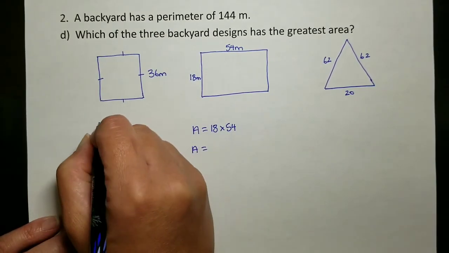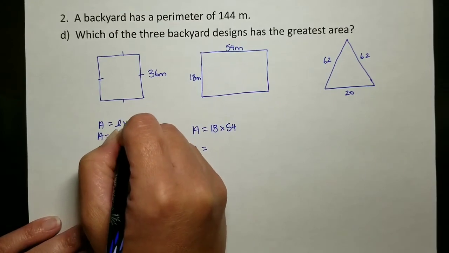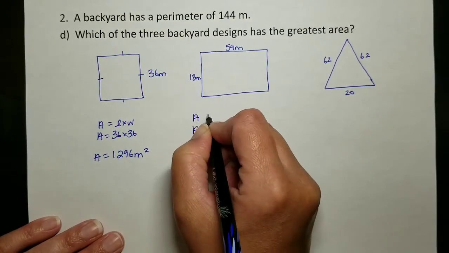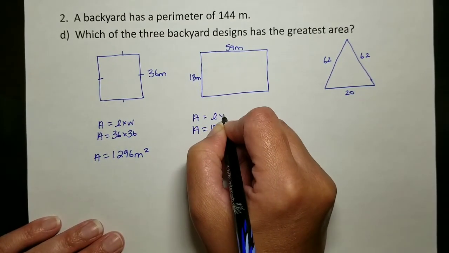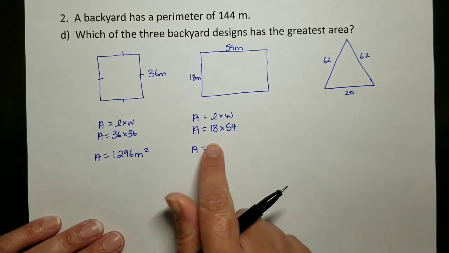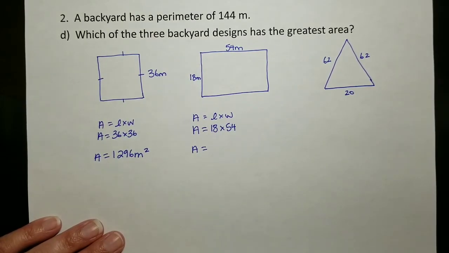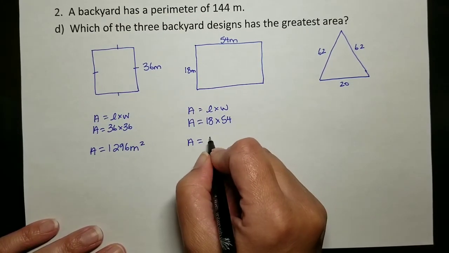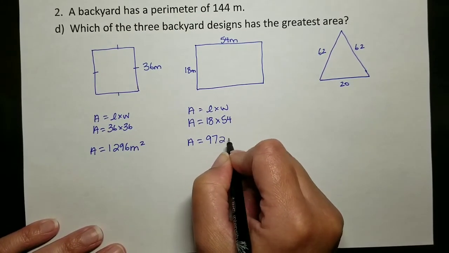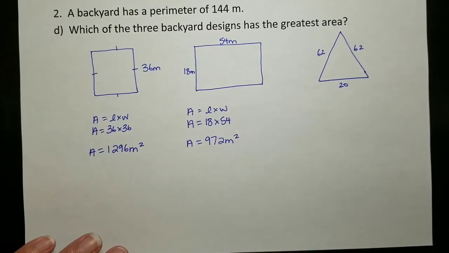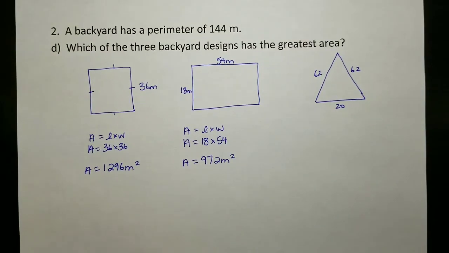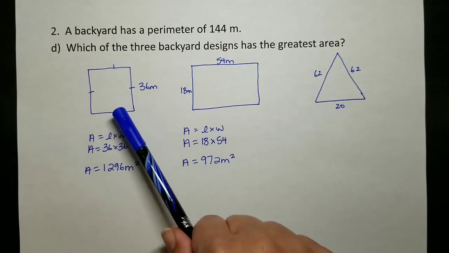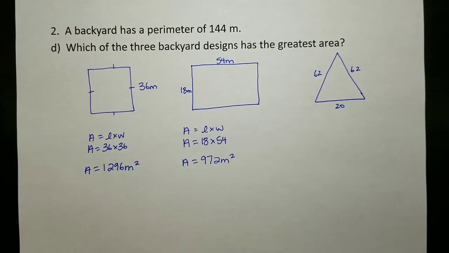Each of these we're using length times width, or length squared for a square. Here it's much smaller. We get 972 meters squared. So if you have the same amount of perimeter, you're going to get more area from a square shape than from a rectangle shape. Let's see about this triangle shape.